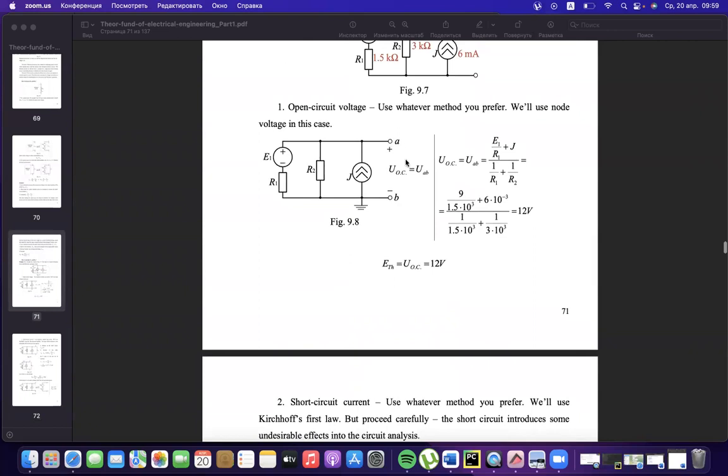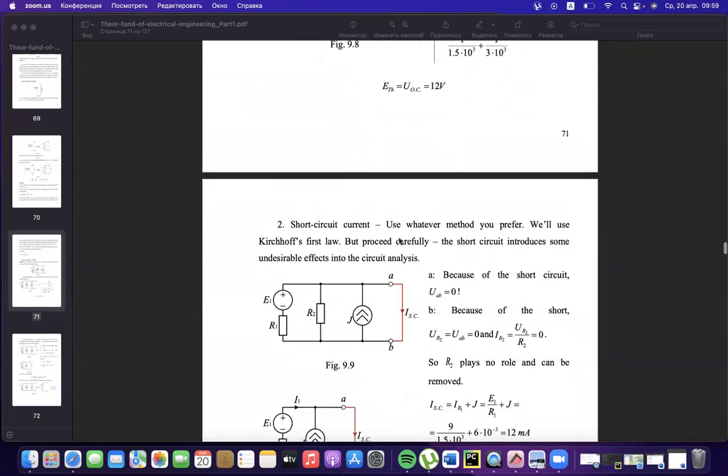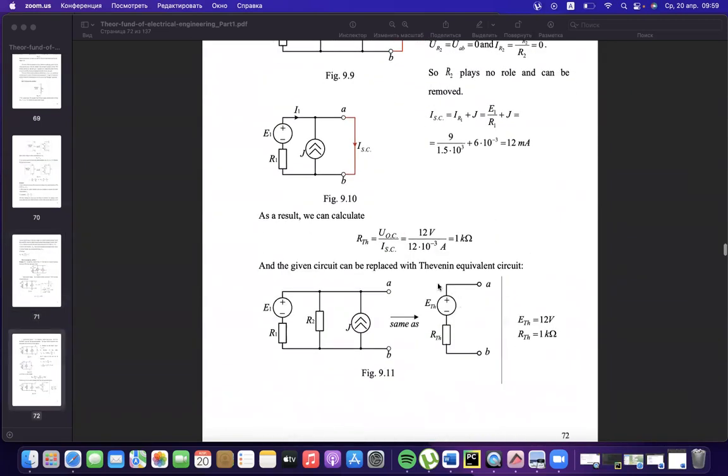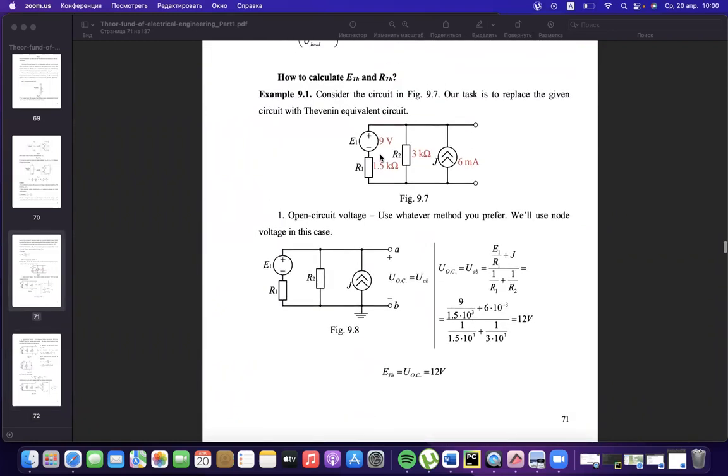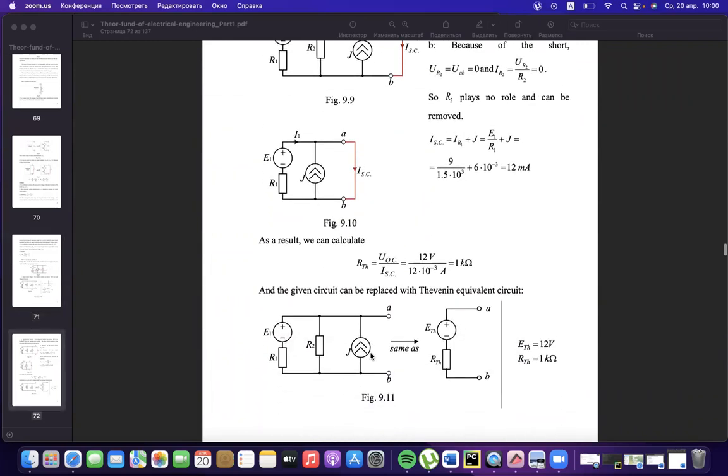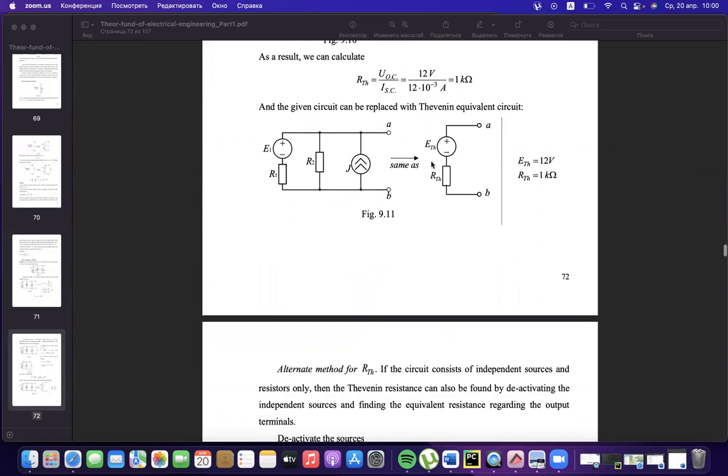We should find the voltage between points A and B. The value of voltage between points A and B will be the value of this equivalent generator. And we have to find the total resistance between points A and B, the total resistance of the whole circuit. It will equal the resistance of the generator.